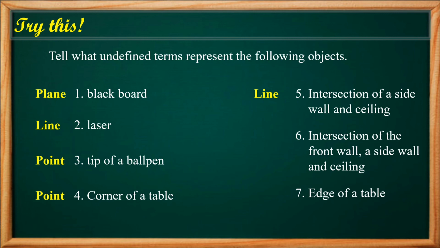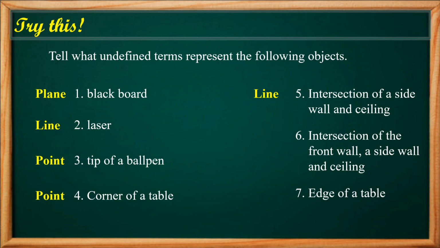Now, how about in number 6? The intersection of a side wall, a front wall, and a ceiling. Meron tayong front wall, nasa harap natin na wall, side wall, nasa gilid, at saka yung ceiling. Ano yung mabubuo if they will intersect? Yes, meron tayong mga line, kasi may intersection ng line, pero yung tatlo, ano yung intersection nila?